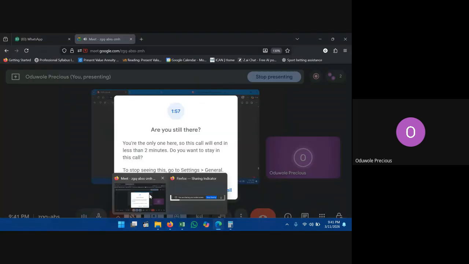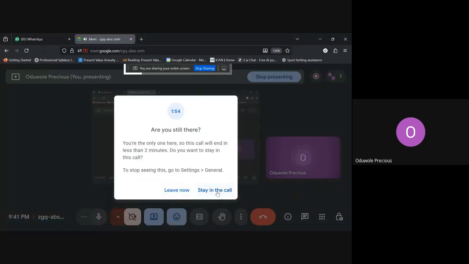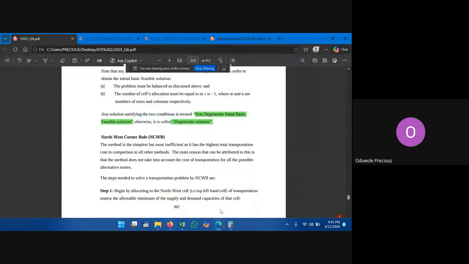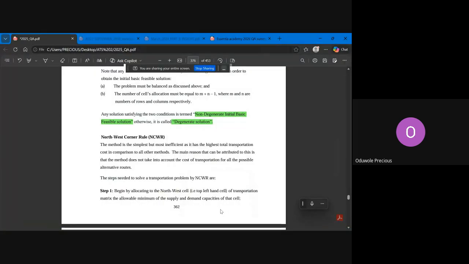What I mean by the highest cost is that by the end of the day, when you calculate its cost, it will be very high. The reason is that it does not take into account all the alternative routes. It just starts from the northwest cell.